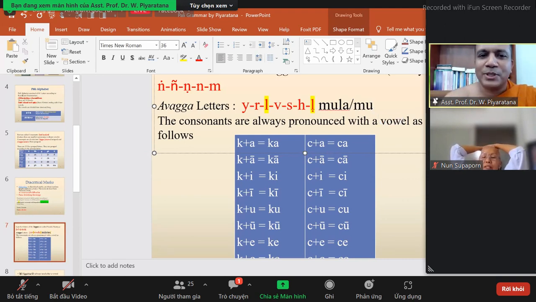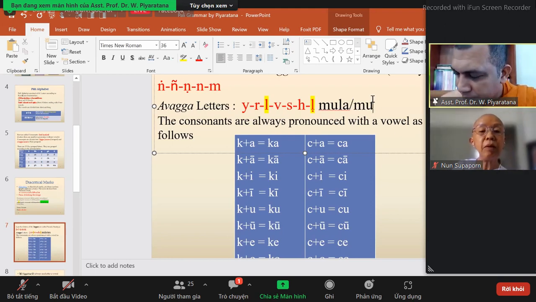One last question. You mentioned that there are 25 vagga group letters, so it leaves six letters, because altogether there are 31 consonants, right?